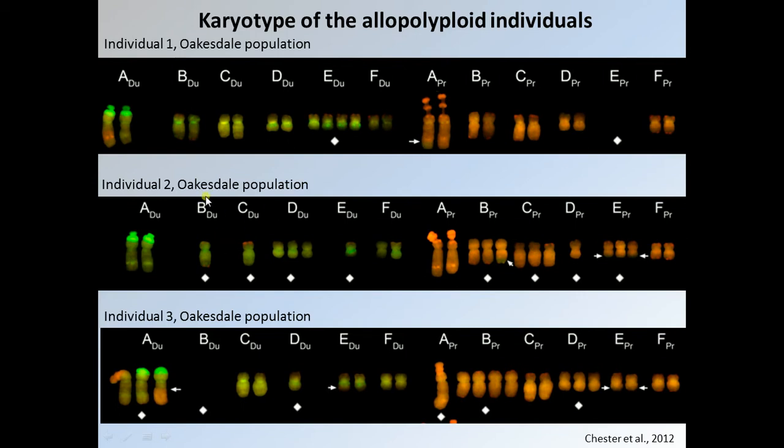Now if we look at the individual two, you can see that the karyotype is extremely different. So that's very unexpected, you know, because all of us in this course, for example, we probably all have the same karyotype. It's like 99% chances. But this is not the case. As you can see, the karyotype is very different.